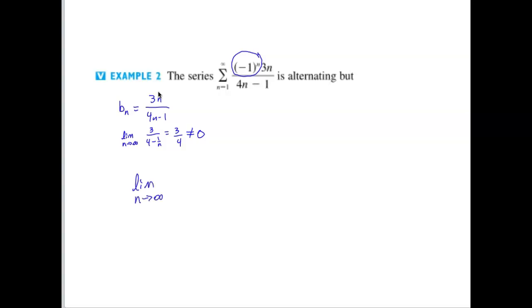But if we just look at the limit as n approaches infinity of the original sequence, (-1)^n times 3n over 4n minus 1, that won't exist because the sign will continue to alternate.